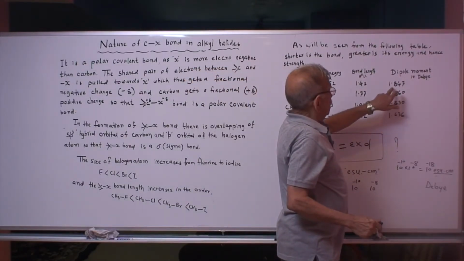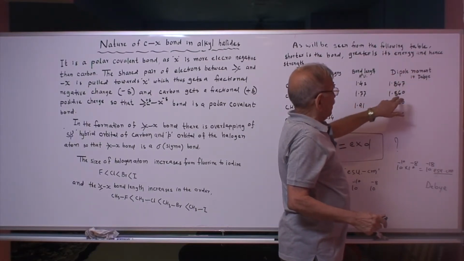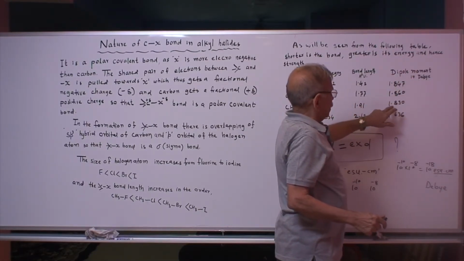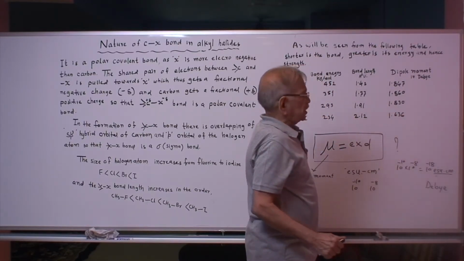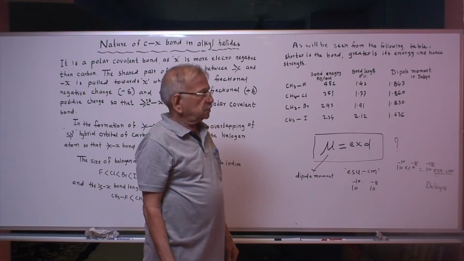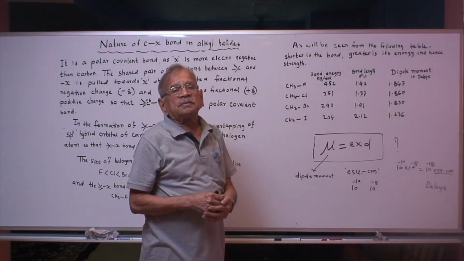It is 1.847 debye, 1.860 debye, 1.830 debye, 1.636 debye. Debye is the unit of measurement of dipole moment. Okay.